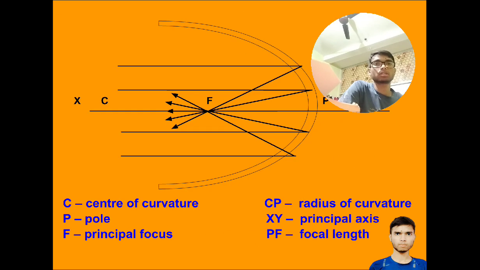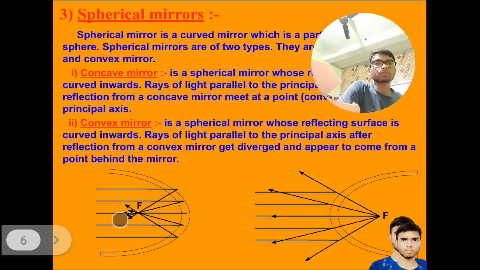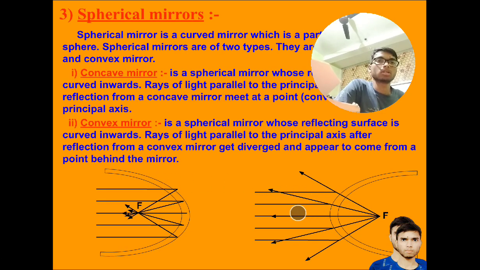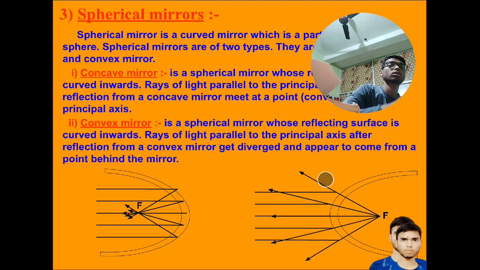Here these parallel lines falling on this surface are turning into another direction. It is not converging, instead it is diverging, because it happens with a convex mirror.